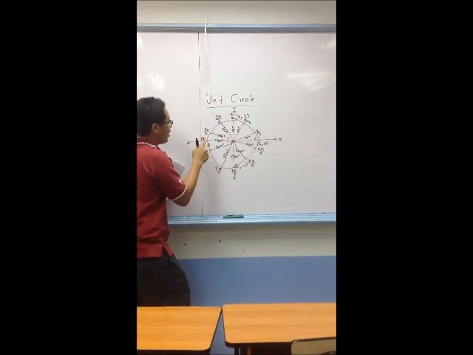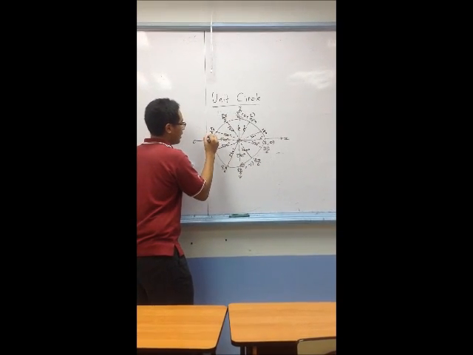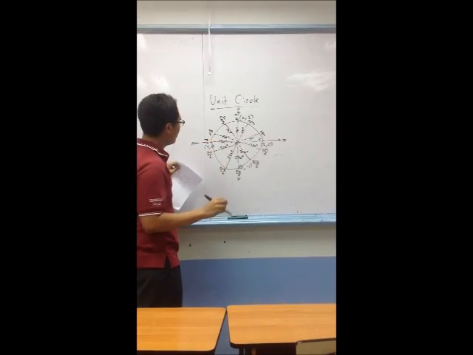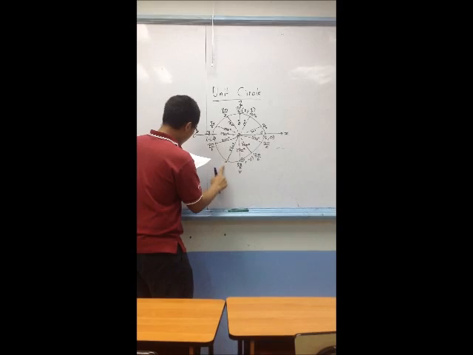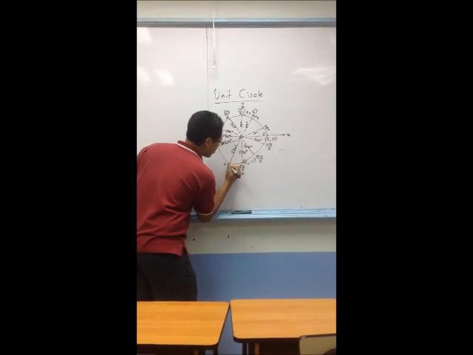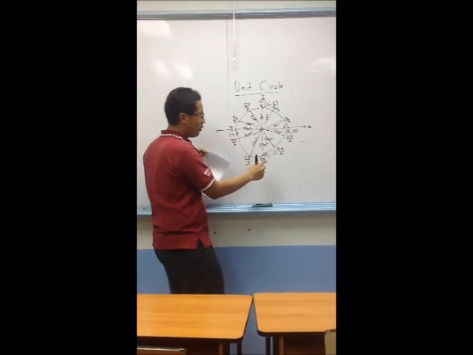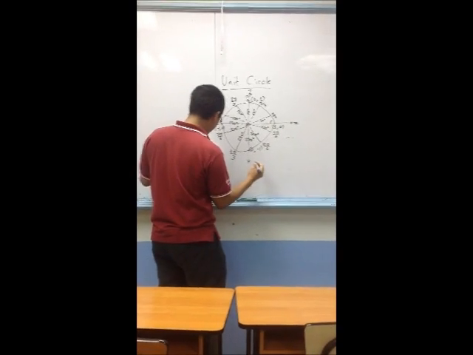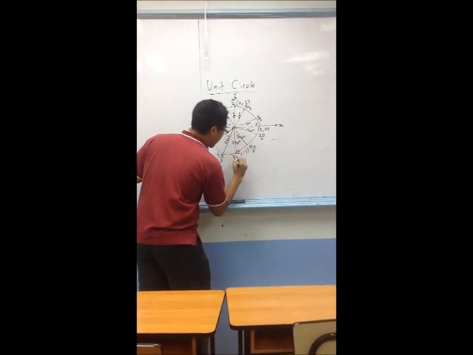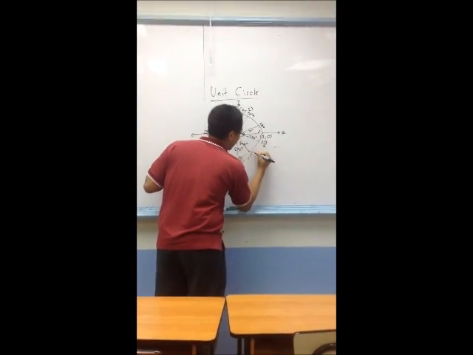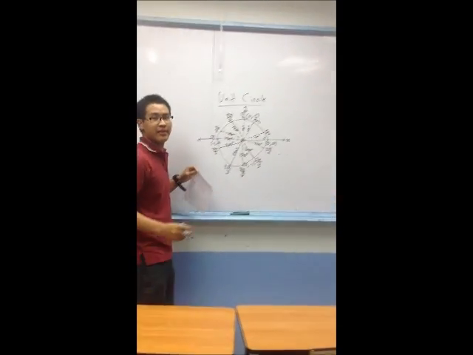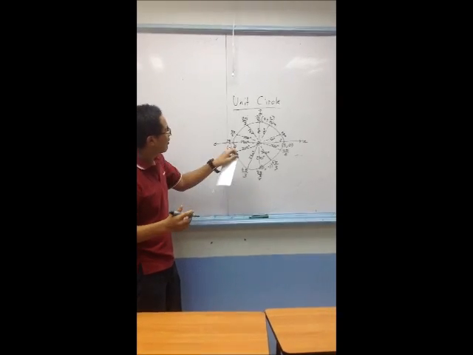And 6 pi over 6 will become pi. 7 pi over 6, you can simplify that. 8 pi over 6 will become 4 pi over 3. And 9 pi over 6 will become 3 pi over 2. And 10 pi over 6 will become 5 pi over 3. Okay? So we have simplified these.